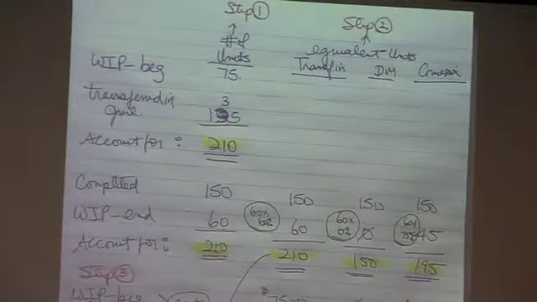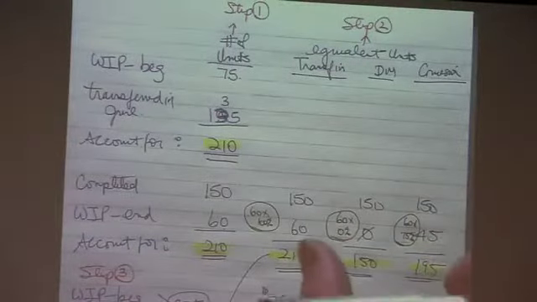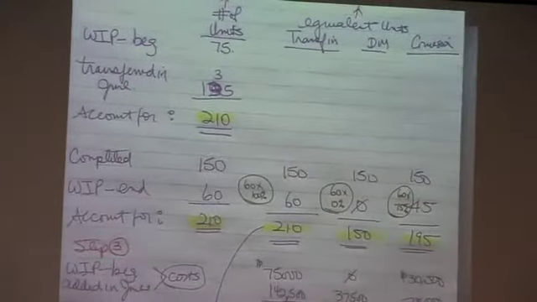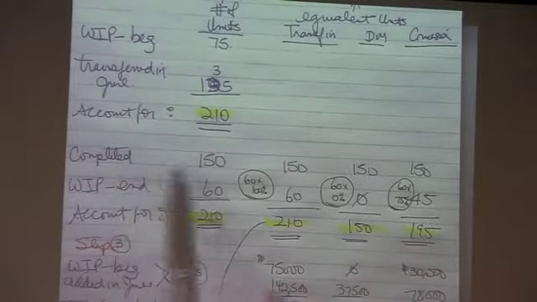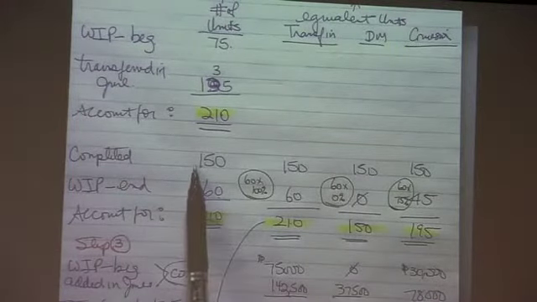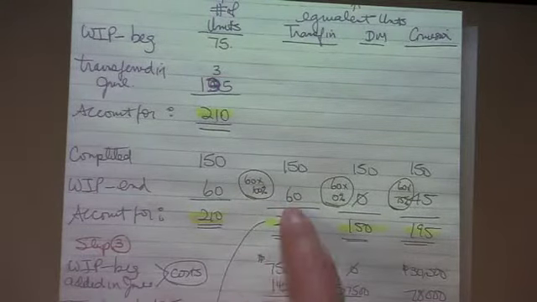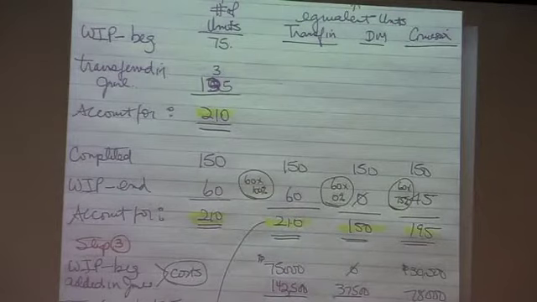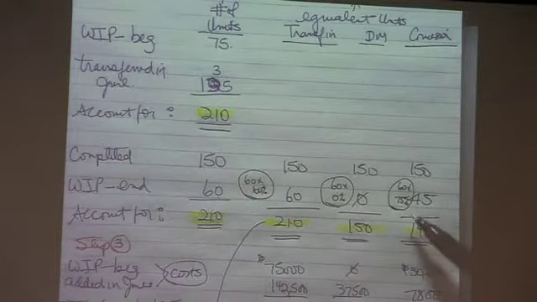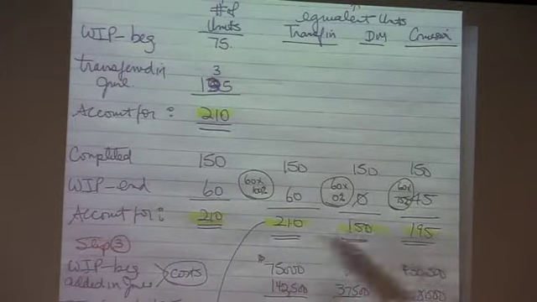Step 2 says we need to convert these into equivalent units. The completed 150 are all equivalent units because they're all completed. But for work in progress, we're told that a certain percentage of the effort has already been completed, the degree of completion. That was given to us in the question. So that gives us equivalent units.